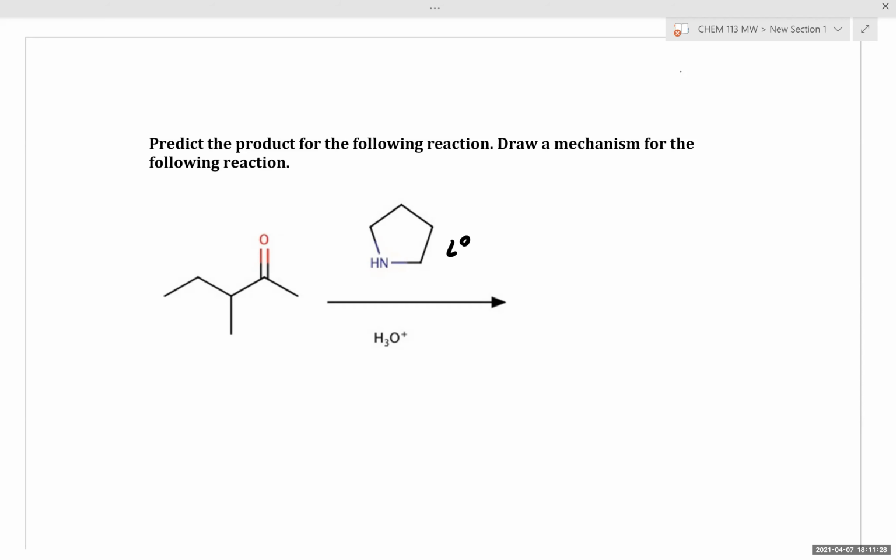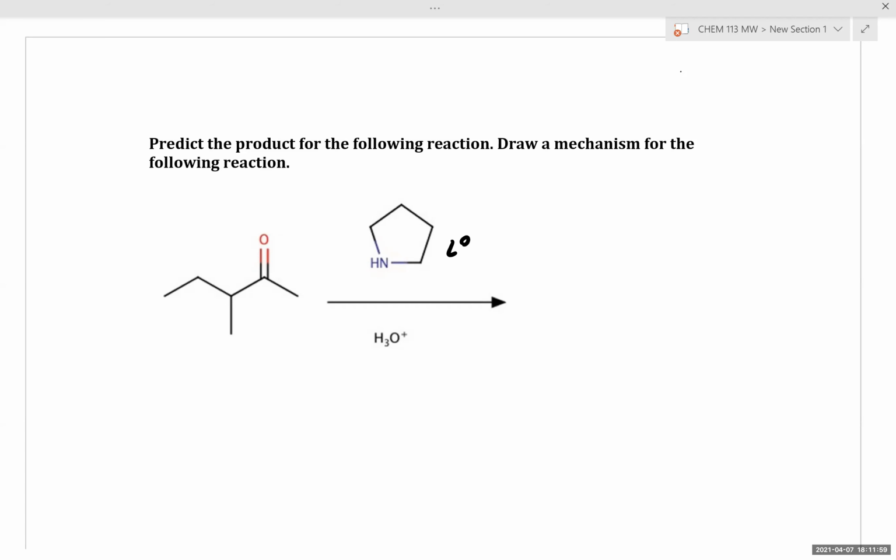Okay, so with that said, let's take a few moments and let's try to draw out a mechanism for this reaction and predict the products from this reaction, remembering that the enamine forms on the least substituted position. So let's take a few minutes, and then I'd prefer students to share their responses in the chat, verbally, or annotated directly onto the class whiteboard.